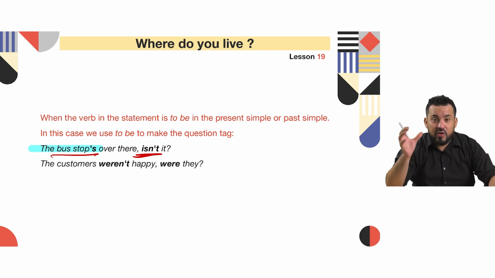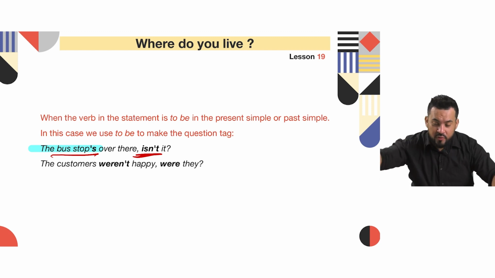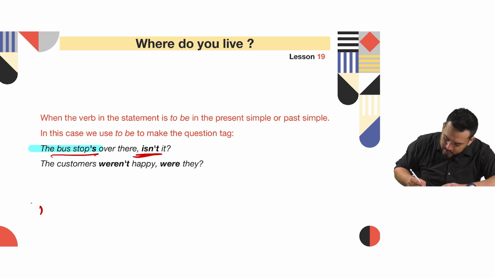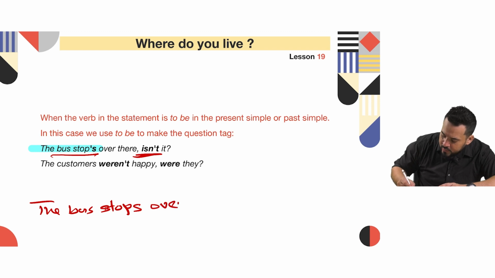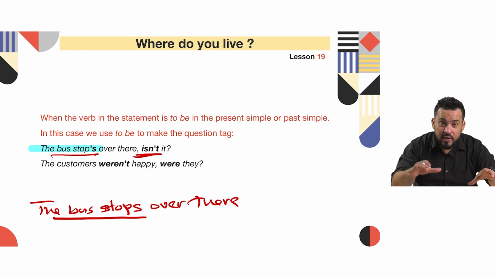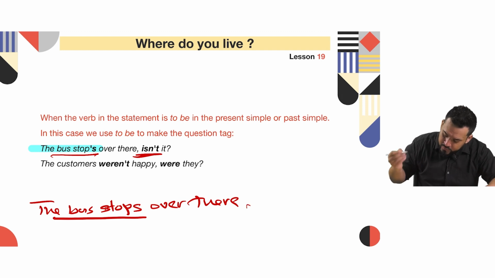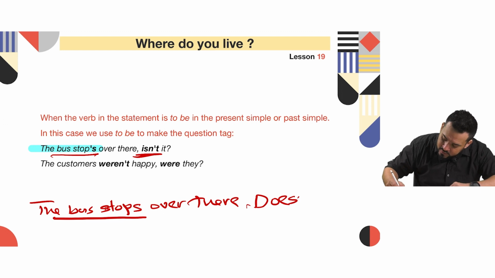Now, if we're talking about stop as a verb, like the bus stops over there, then this is a verb, okay? So we're not going to use isn't. We're going to use the bus stops over there, doesn't it, right?